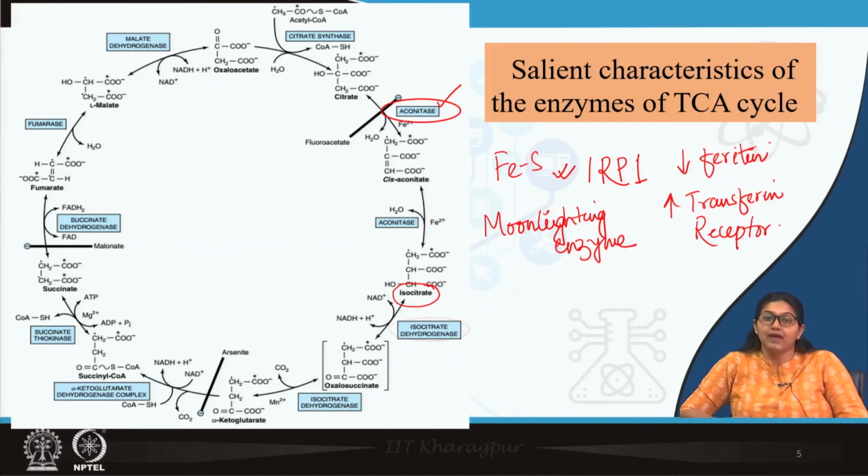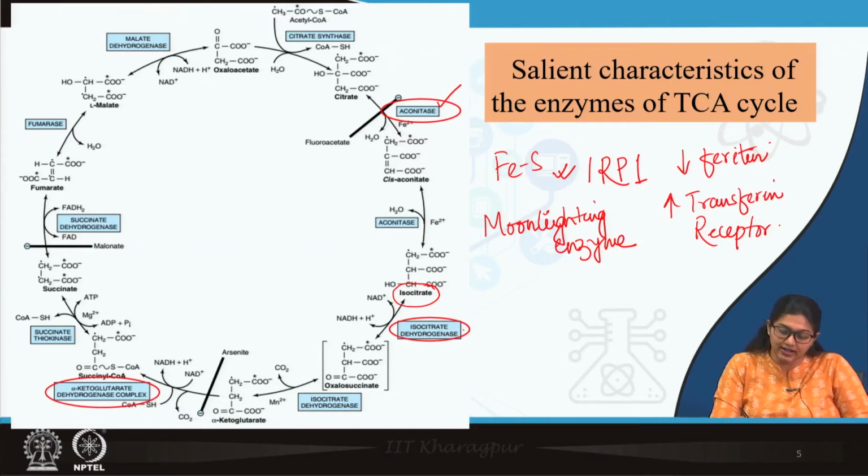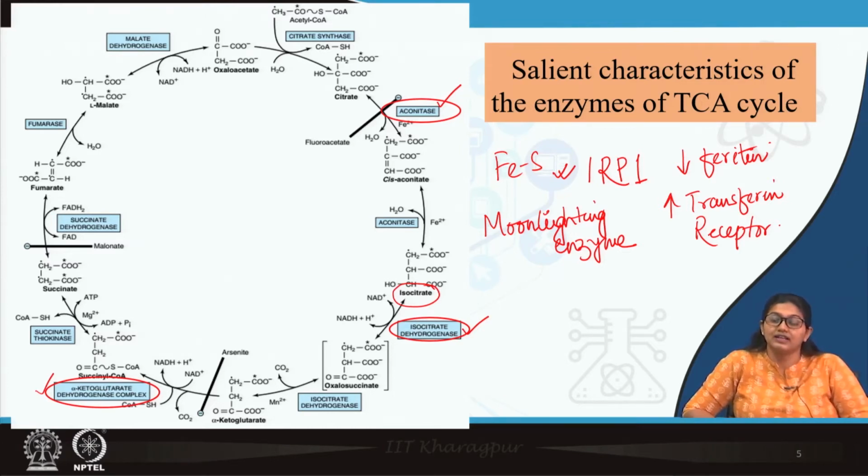Next are the enzymes isocitrate dehydrogenase as well as alpha ketoglutarate dehydrogenase. I have already told that these two enzymes are similar to the pyruvate dehydrogenase complex. Along with pyruvate dehydrogenase, they have 3 types of enzymes, along with 5 types of cofactors and 4 vitamins which play an important role in the enzyme complex function.